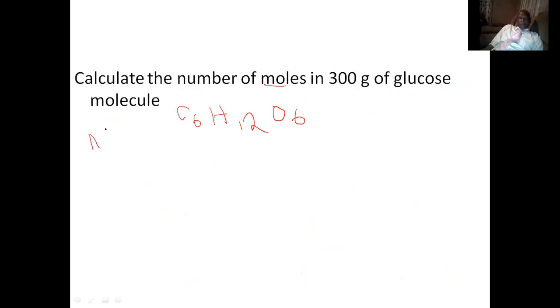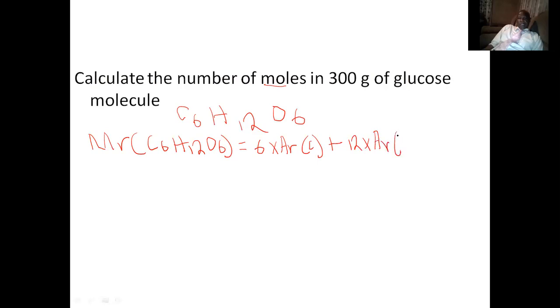So the first thing you need to do is to calculate the relative molecular mass of glucose, which should be equal to 6, the subscript for carbon, multiplied by the relative atomic mass for carbon, plus 12, the subscript for hydrogen, multiplied by the relative atomic mass for hydrogen, plus the subscript for oxygen, 6, multiplied by the relative atomic mass for oxygen.